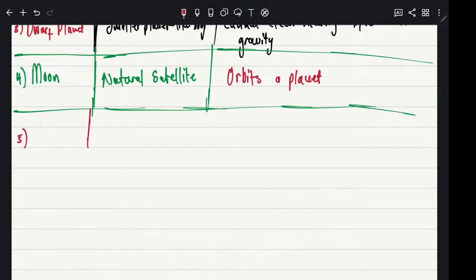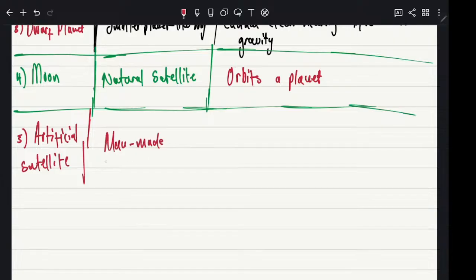Number 5: artificial satellite, like the International Space Station. What does it do? It is a man-made satellite object. Man-made.